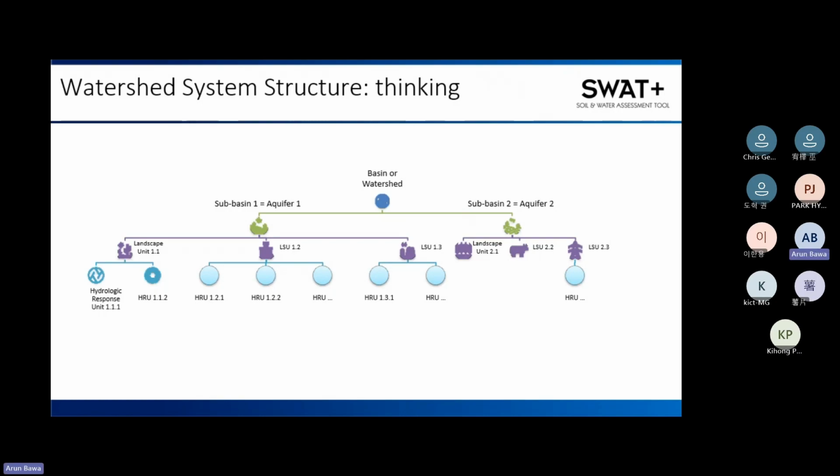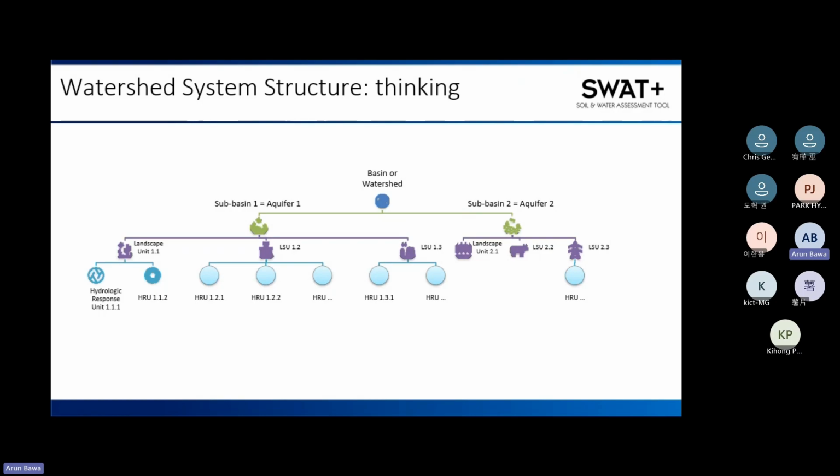The key takeaway from this slide is how we distribute the SWAT model. All the processes we cover under the land phase, the upland side, like hydrology, sediment, and plant growth, are calculated at the small HRU scale, then aggregated into the LSU scale, and then aggregated into the watershed scale.